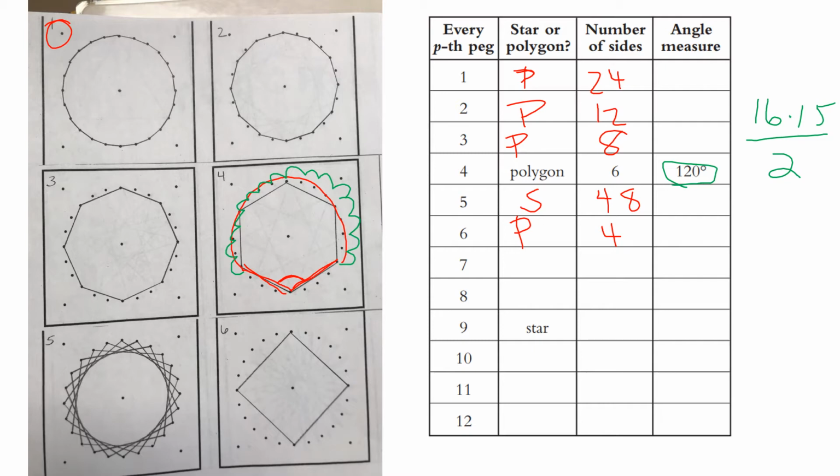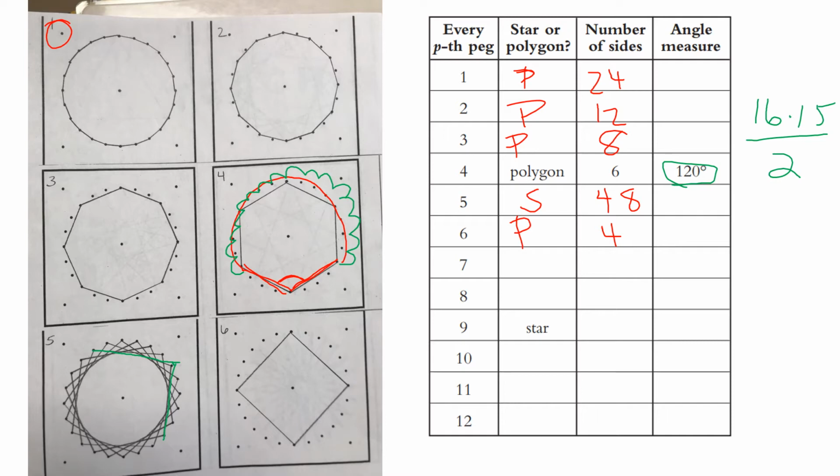Okay, so let's do another one. Number 5. So with number 5, when it's a star, you've got to really focus. So I'm going to pick that one, and I have to follow the side all the way. Now, there are other ways of figuring out what this is. By knowing that when it's a polygon, it's going to be p times however many sides minus 2.